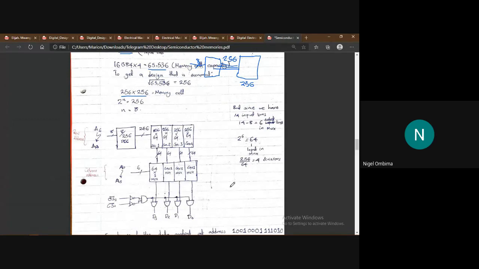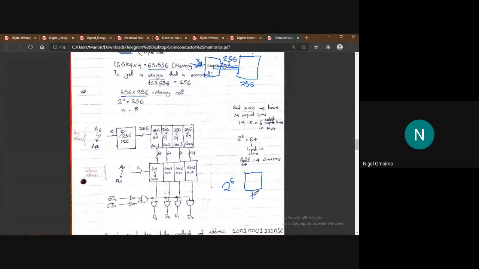So the multiplexer, remember a multiplexer is a data selector, it selects data. So the select lines will be these 6 input lines that remained, and to get the number of input lines from a multiplexer it will be 2 power 6, which gives us 64, such that our multiplexer will be a 64 by 1 multiplexer.